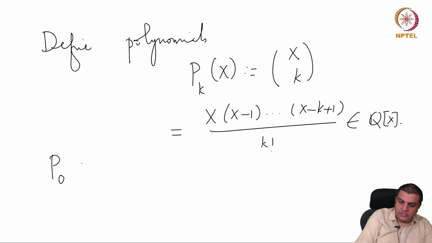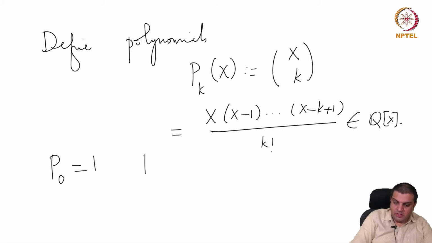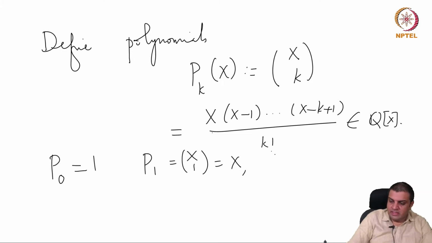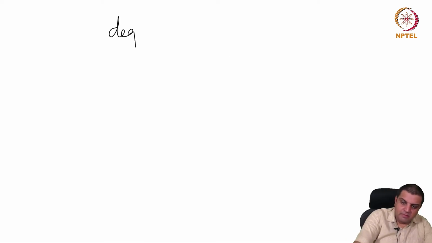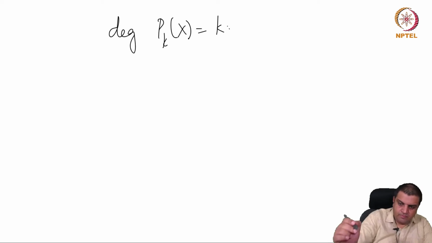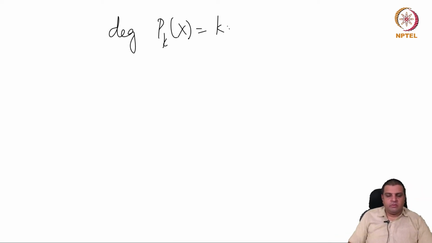P_0 is x choose 0, so there are no terms here, so this is just the constant polynomial 1. P_1 is x choose 1, which is just x, and so on. So the degree of P_k is k.